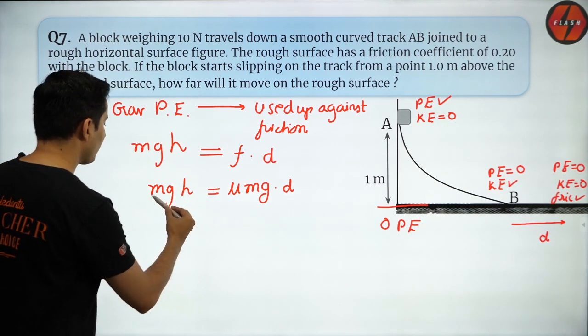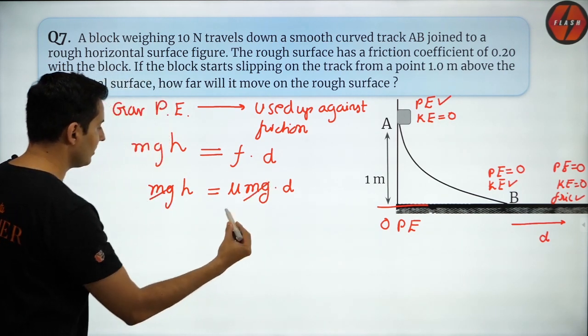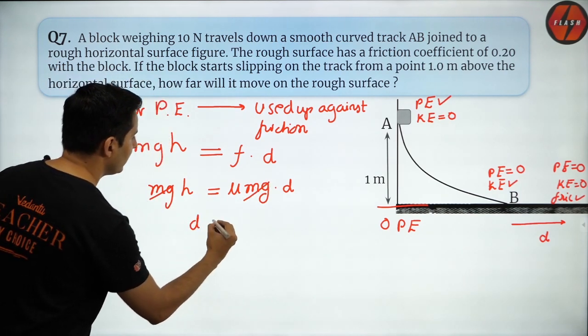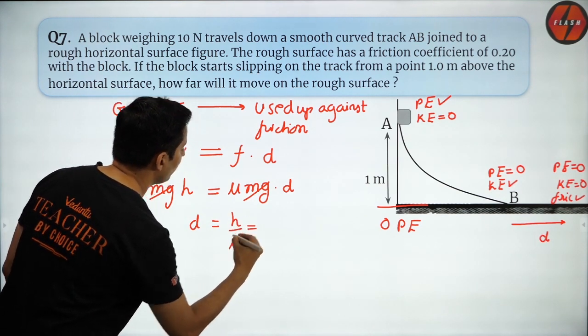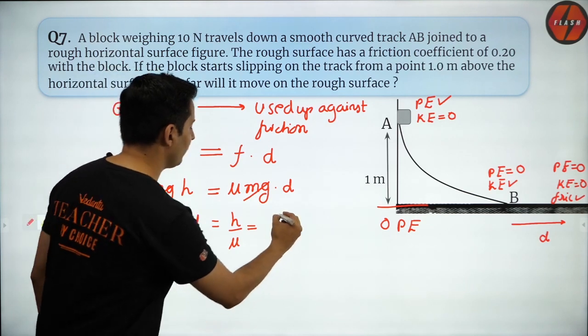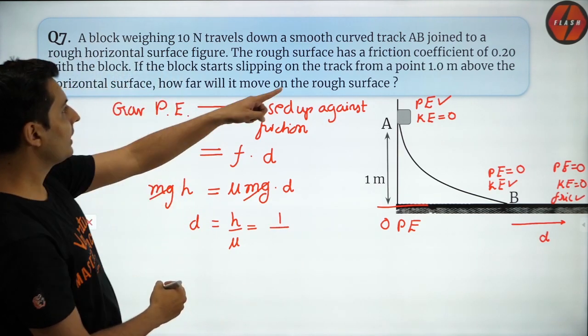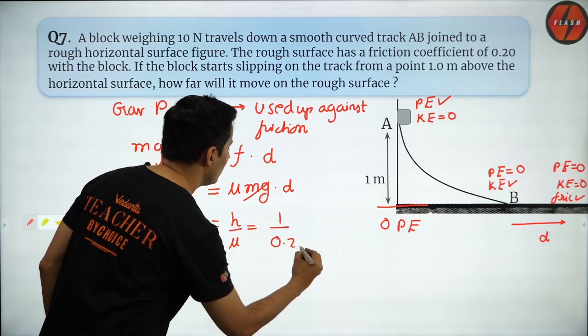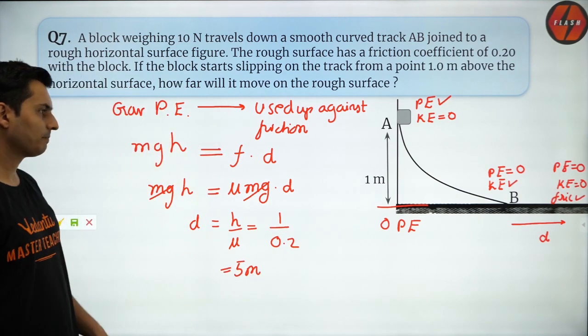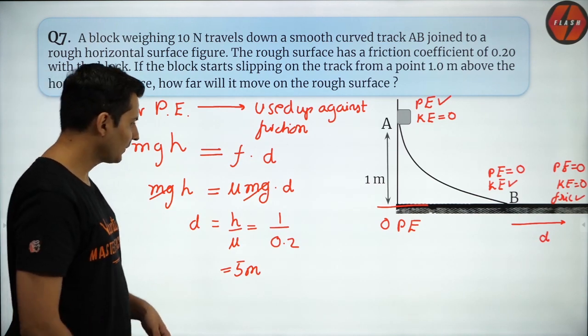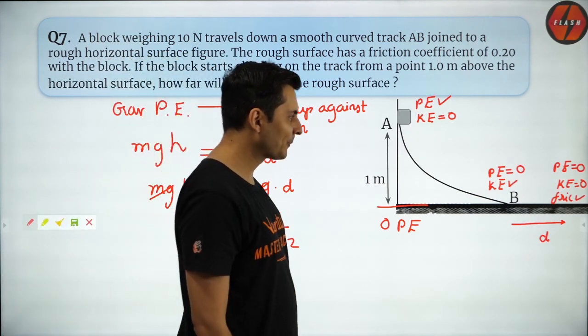The interesting thing is mg and mg get cancelled out. So D is nothing but h by mu. And what is h? h is given to be 1. And what is mu? I think it's 0.2. So I believe the answer should be 5 meters. That's the answer. So you don't even need this 10 Newton.